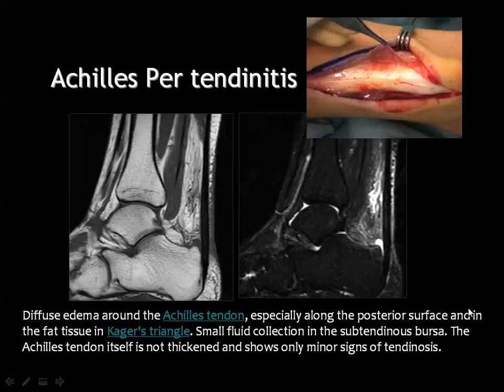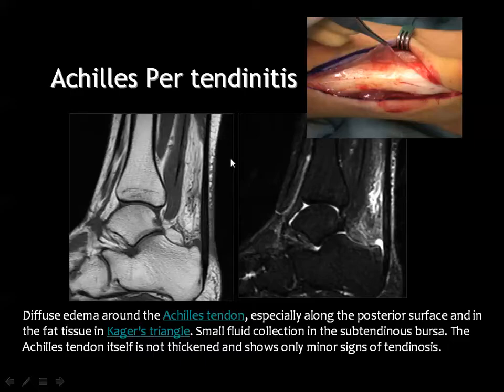You remember that Achilles tendon has no synovial sheaths, but it has this very thin membrane, which is known as the peritenon. Then Achilles tendon will not develop tenosynovitis, but it will develop peritendinitis.